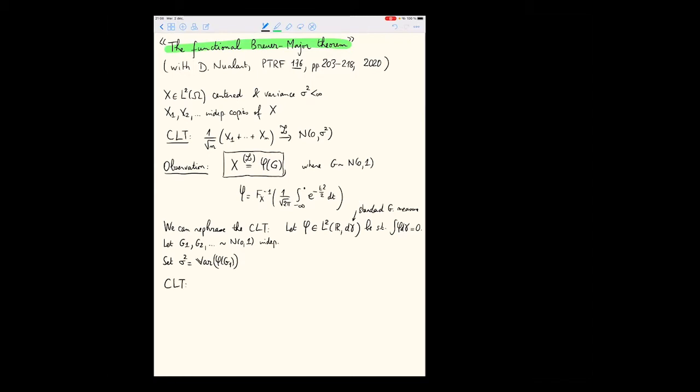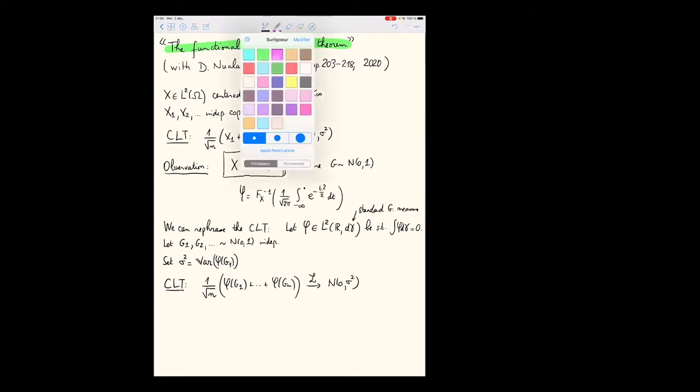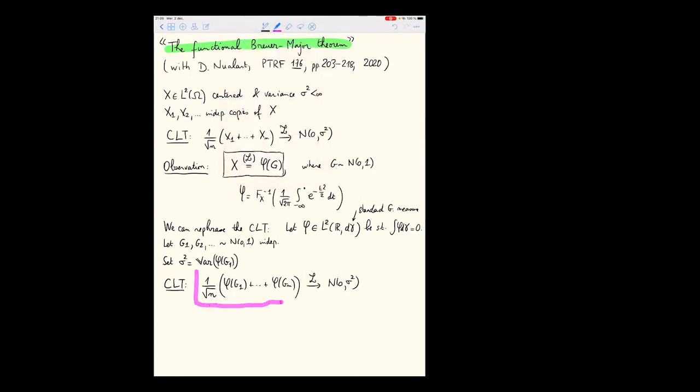Now the CLT, exactly the same statement, tells you that 1 over square root of n, phi of G1 plus etc. plus phi of Gn, converges in distribution to the Gaussian with variance sigma square, right? So this is a way to say the CLT which is a bit different than usual, and which is closer to what I would like to explain with the Breuer-Major theorem. Now I would like to understand how we can drop the independence assumption.